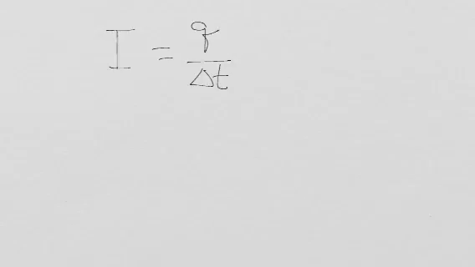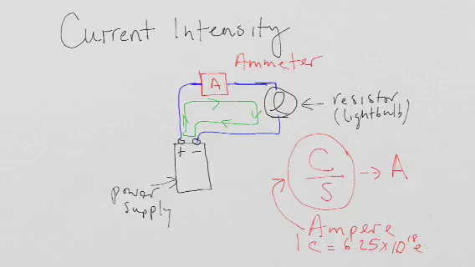I don't know what they mean. But here's the deal. If I'm telling you that current intensity is the number of amps in a circuit, what is 1 amp equal to? Number of coulombs per second, right?